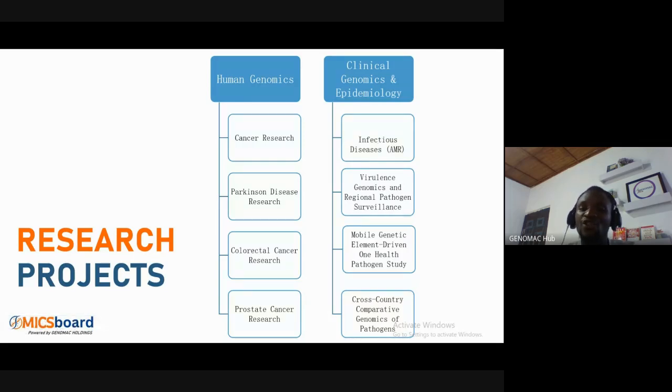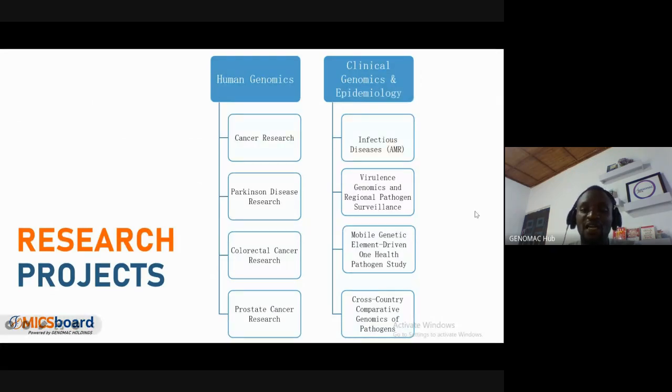Then we have the virulence genomics and regional pathogen surveillance. We have mobile genetic elements. Mobile genetic elements are actually one of the reasons why we have outbreaks and spread of virulence factors, of virulent mechanisms of antibiotics around, and causing quite a number of different resistance to treatment.